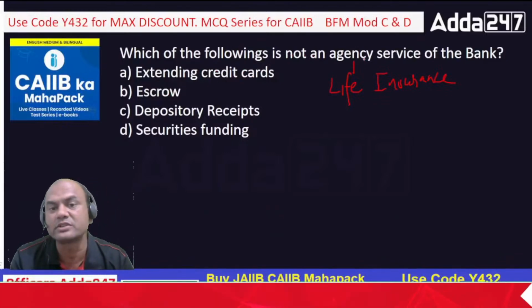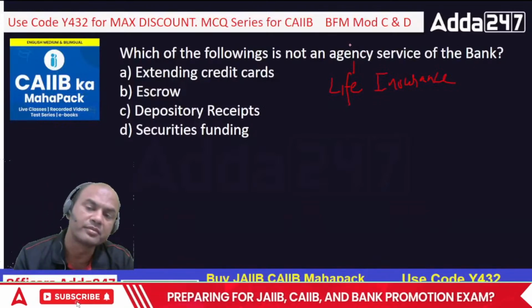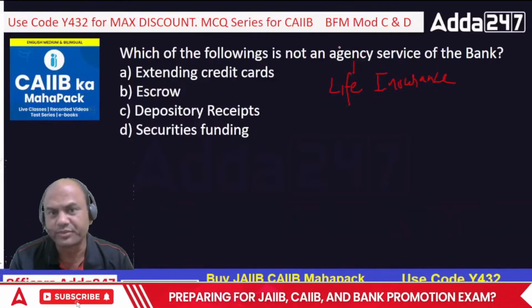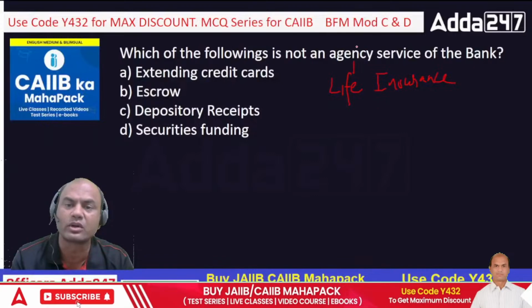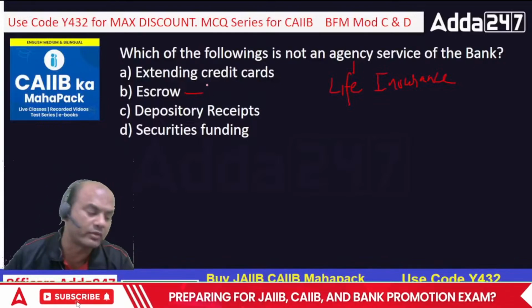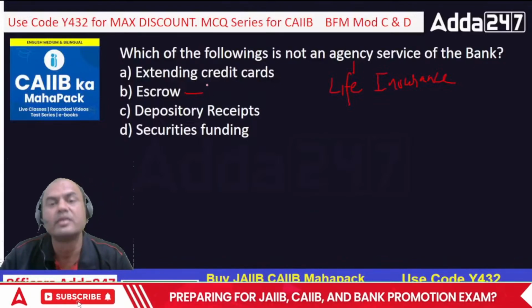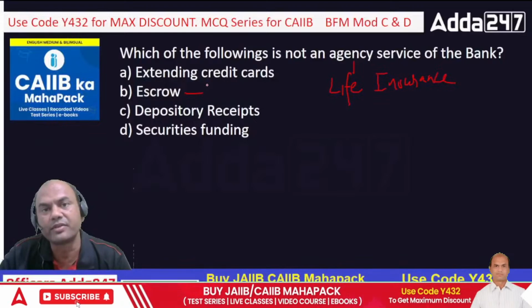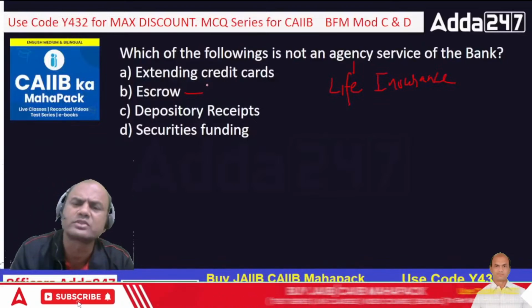Escrow account. What do you mean by agent over here? Escrow account means the bank will act as a broker. A broker acts as a middleman. What is an escrow account basically?